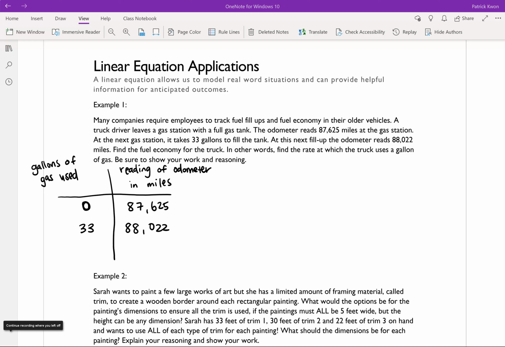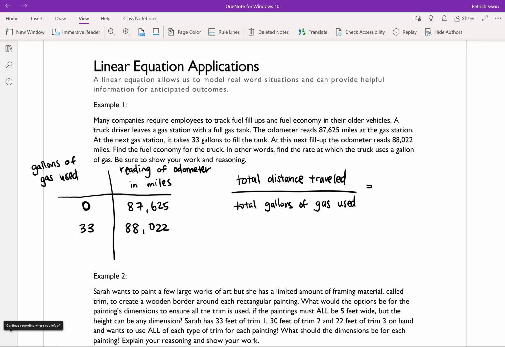How we want to think about that is, if you've ever seen one of those car commercials, certain cars advertise that they are able to travel a certain amount of miles on one gallon of gas. And so we can basically calculate the total distance traveled and divide that by the total gallons of gas used.